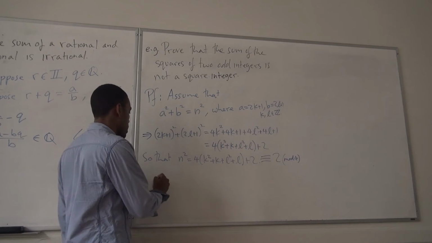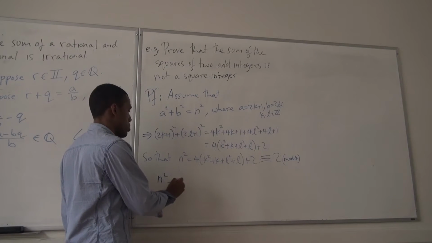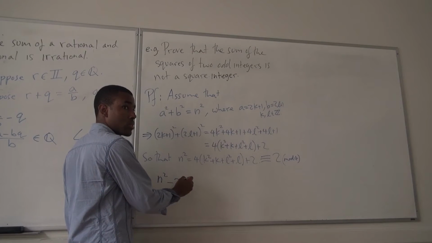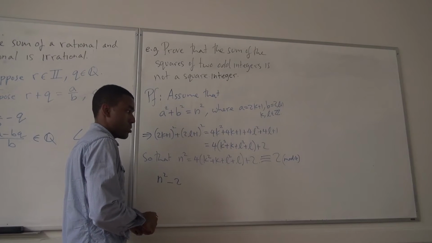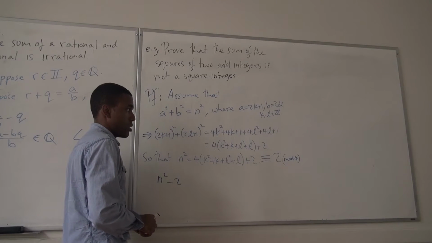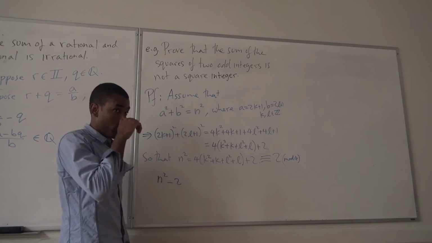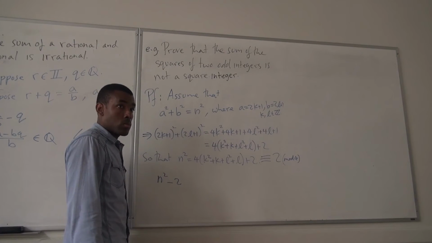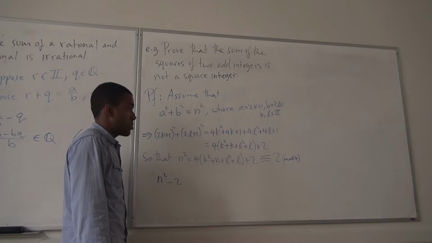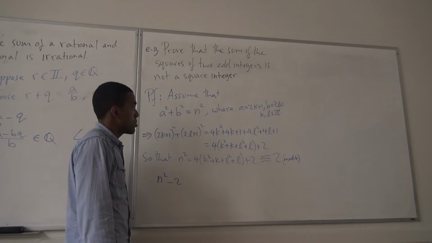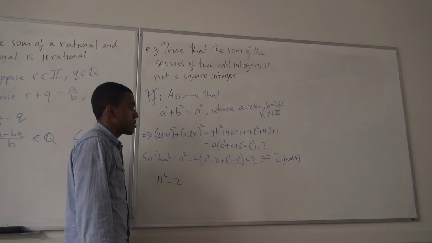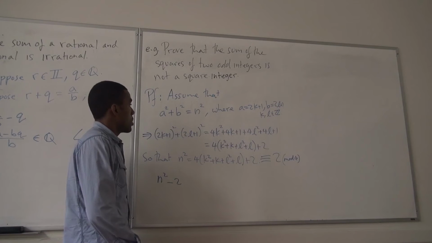So you want to say that n squared minus 2? So here, take a 2 out of everything. In order for n squared to be even, n has to be even. So n has to be 2 times something, times 2 times that same something, so it's going to be like 4x squared.